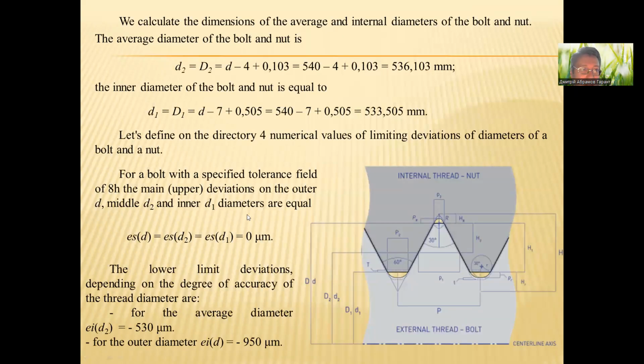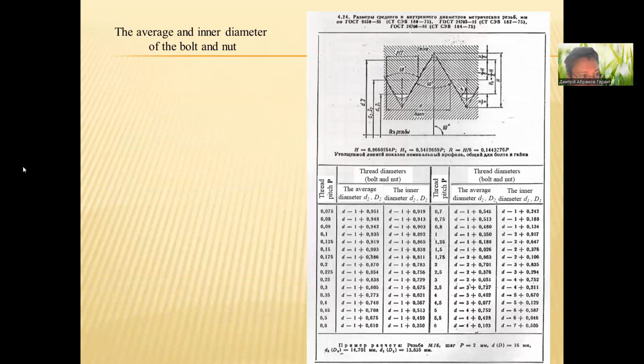We calculate the dimensions of the average and internal diameters of the bolt and nut. The average diameter of the bolt and nut is D minus 4 plus 0.103 from the previous slide.